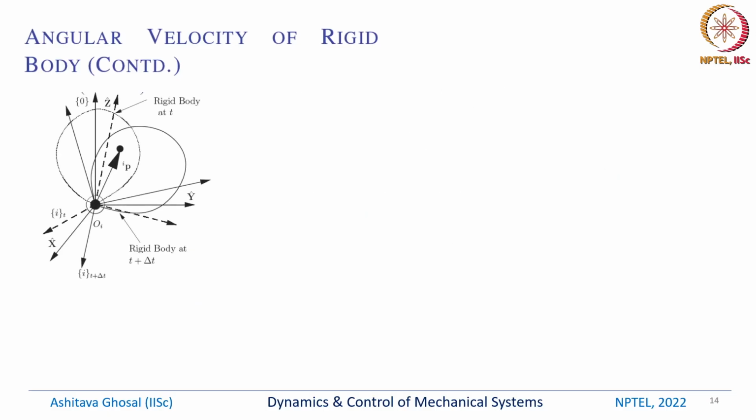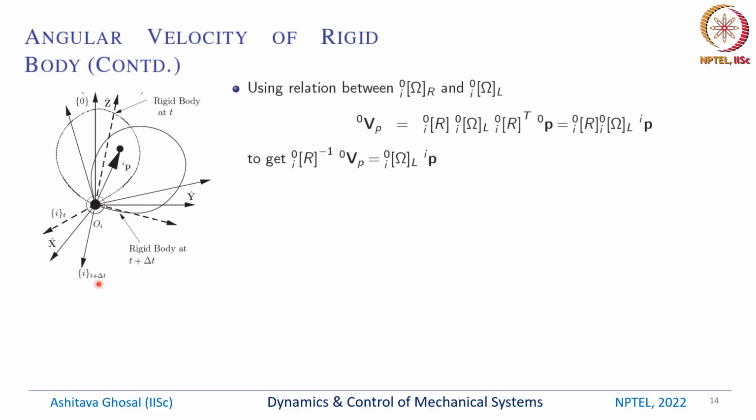Let's continue. We again have this rigid body. There is a fixed or reference coordinate system. There is an ith coordinate system attached to the rigid body at time t, and then this coordinate system goes to the I at t plus delta t.